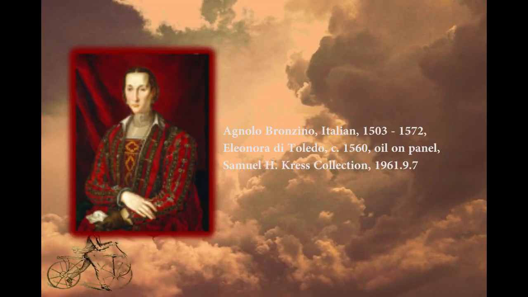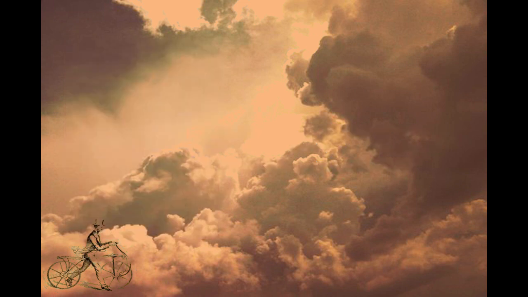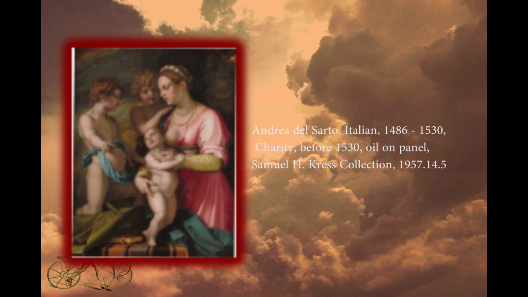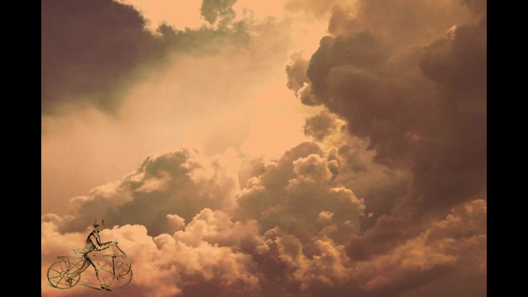Painting. 1. Agnolo Bronzino, Italian, 1503 to 1572, Eleonora di Toledo, circa 1560, oil on panel, Samuel H. Kress Collection, September 7, 1961. 2. Andrea del Sarto, Italian, 1486 to 1530, Charity, before 1530, oil on panel, Samuel H. Kress Collection, 1957.14.5. 3.